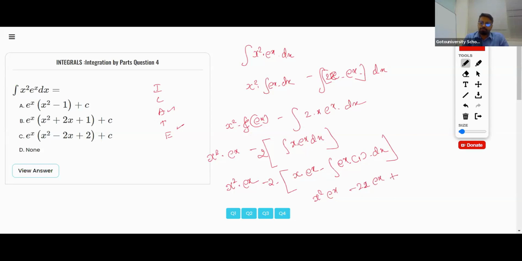Again, minus of minus becomes plus e power x, the entire thing plus c. If we take e power x common, we end up with x square minus 2x plus 1 plus c. So you can also write it as e power x into x minus 1 whole square. That's how we can solve this question. Let's erase this all.